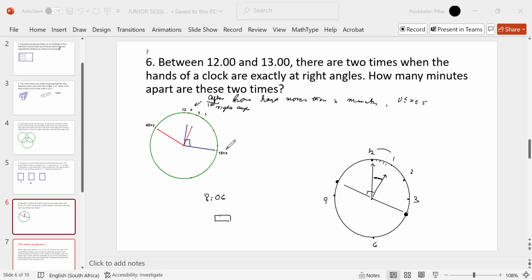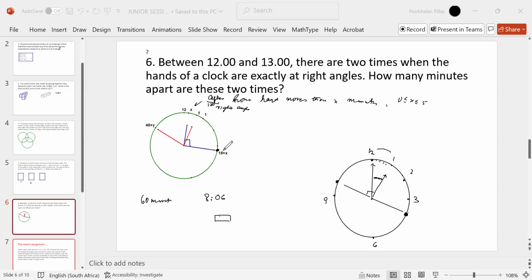Right. Now, I want to point out that you know how many minutes there are here, because this right angle is a quarter of a circle, right? And the circle has got 60 minutes in it. The right angle means that the angle between these two is 90 degrees, which is a quarter of 360 degrees.